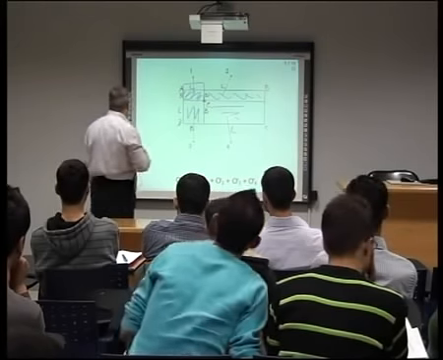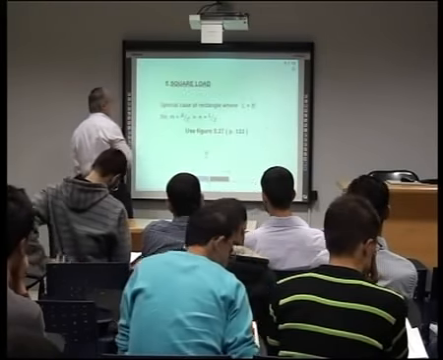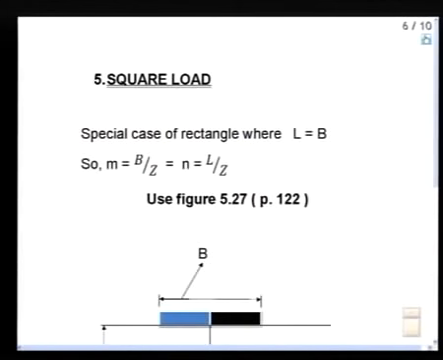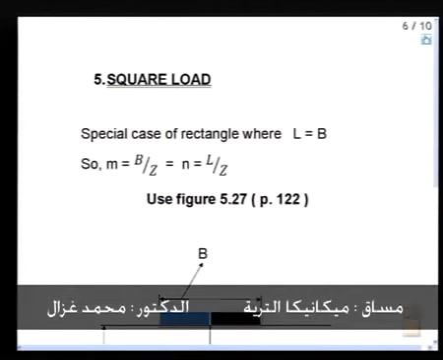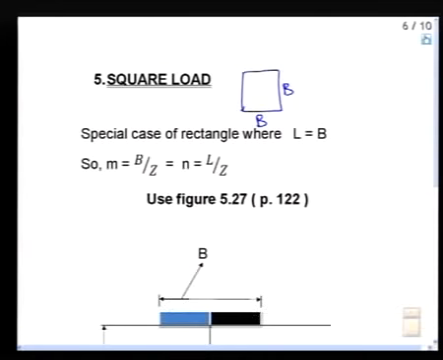Now let us ask ourselves this question. What if I had a square load? Square load, I have B, and this distance is B also. So M and N are equal, because they are B over Z and L over Z, and B and L are the same.